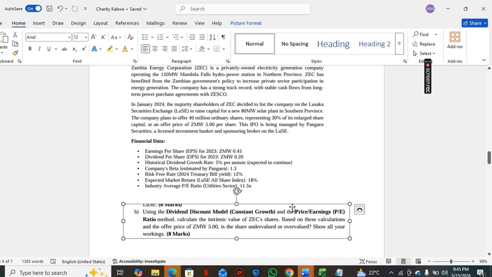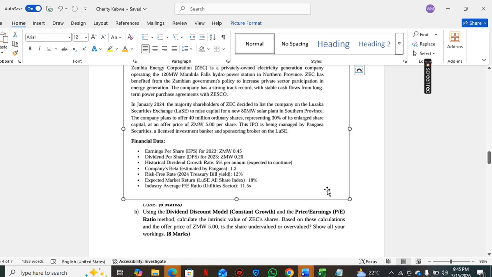ZEC goes with the offer price to Pangaea Securities and says the offer price is 5 kwacha. Remember, one of the roles of an investment bank is to help you determine the price of your share. They help you determine what you call the intrinsic value of your shares. Intrinsic value is basically the fair value, what you sell your shares for.